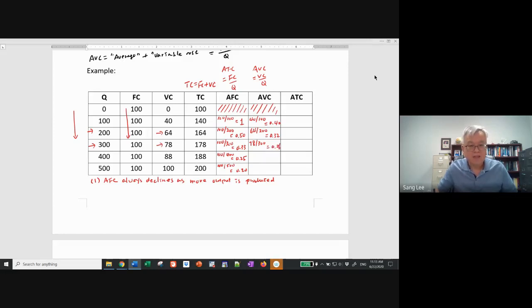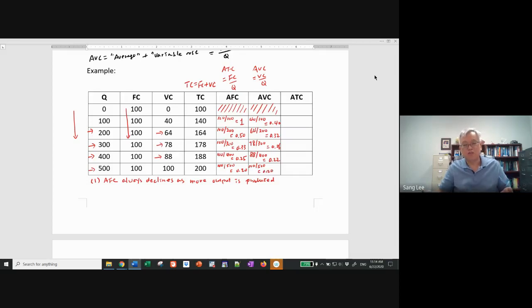Now, if you produce 400 units, then variable cost is even greater, 88. So 88 divided by 400 is going to be 22 cents. Finally, if you produce 500 units, then variable cost rises to 100. So 100 divided by quantity 500 is now 20 cents.